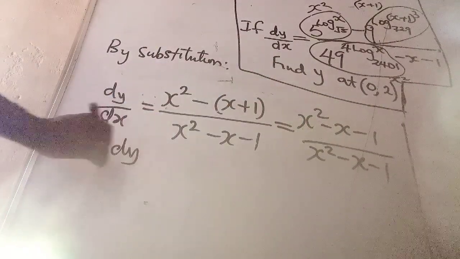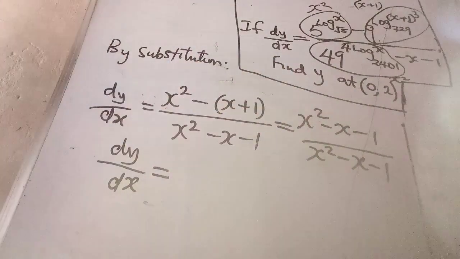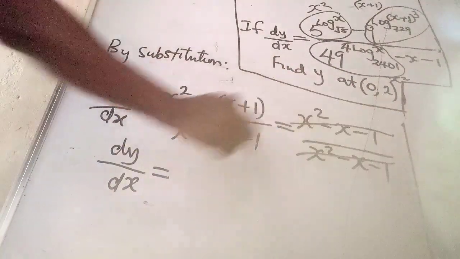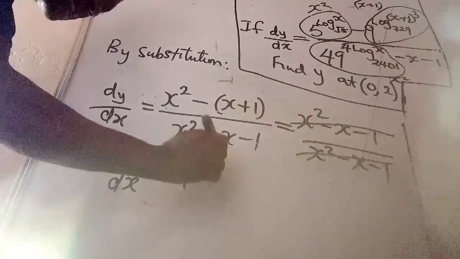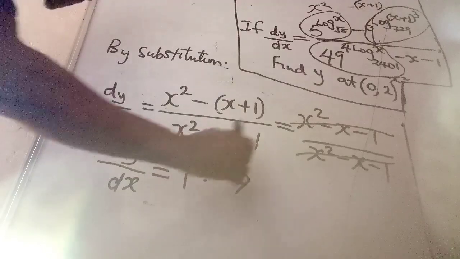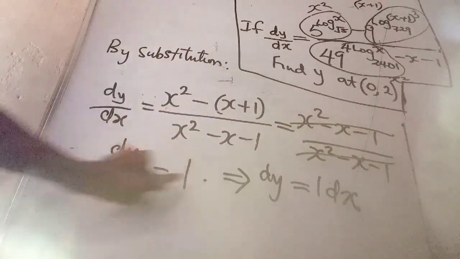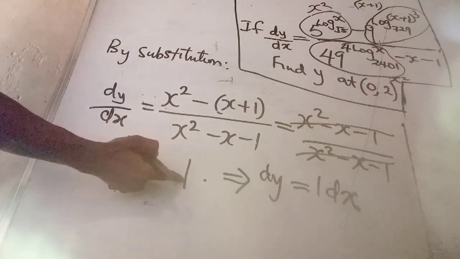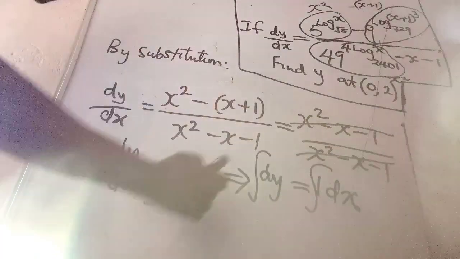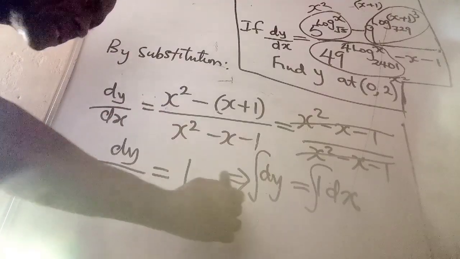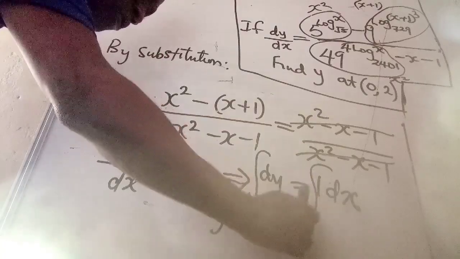So dy/dx will now be equal to, if you look at this numerator and denominator, they are the same. That means it will cancel out. That will now give you 1. So if dy/dx is 1, this implies that dy equals 1 dx by cross multiplication. Then you integrate this, you integrate this. When you integrate dy, it gives you y, which is equal to, when you integrate 1 dx, it gives you x plus C.